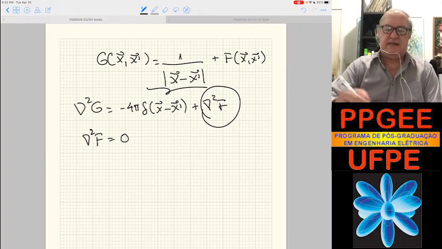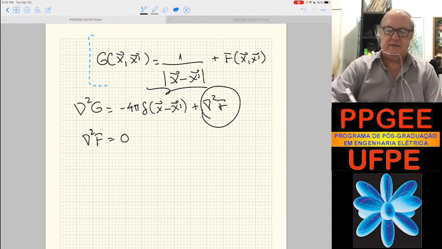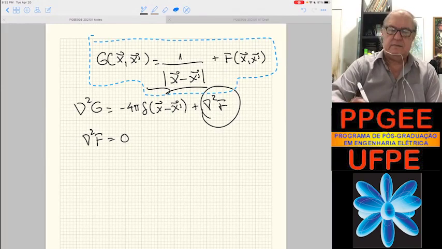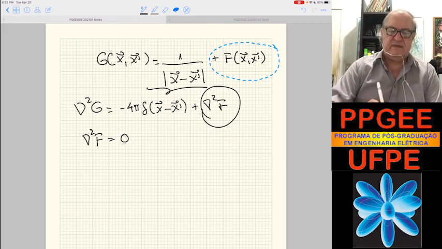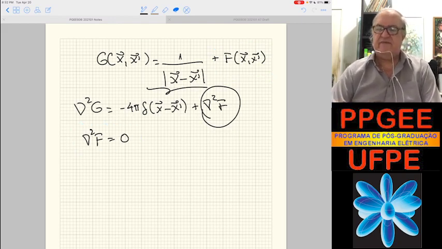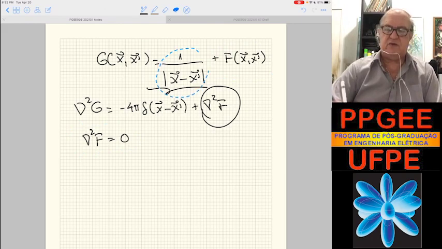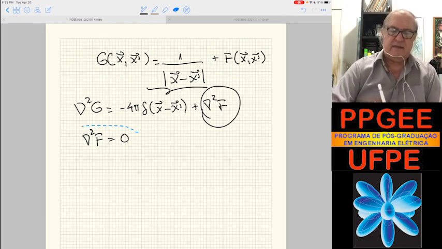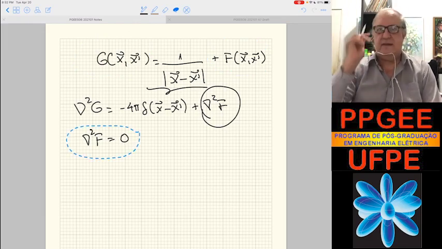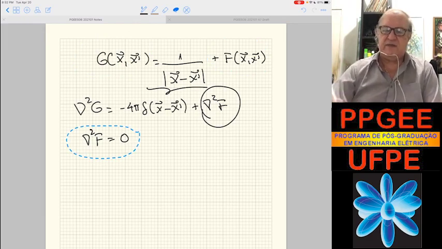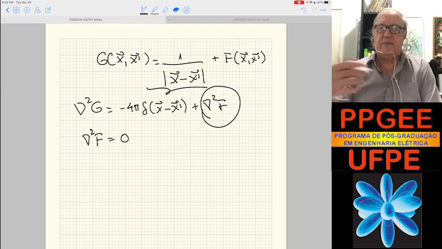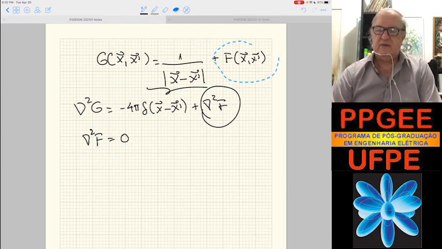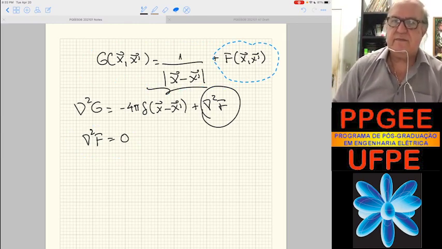So my Green function has this property, is given by this expression, provided that the Laplacian of f equals 0. In other words, the f function added to the inverse function to compose the Green function satisfies Laplace's equation. So you can always find Green functions that have this property, right? And you can choose the property of the Green function by tailoring the function f.